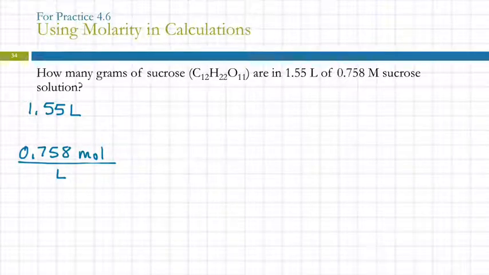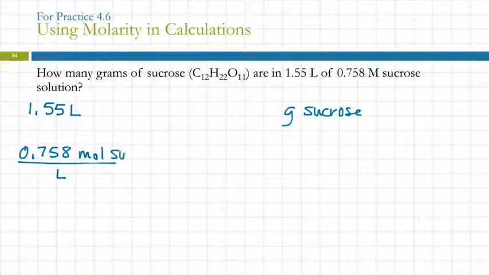What are they asking me to find? Grams of sucrose. Well, this molarity, that's moles of what? Moles of sucrose. Sucrose is the solute, that's sugar, table sugar. Moles of sucrose per liter of solution.